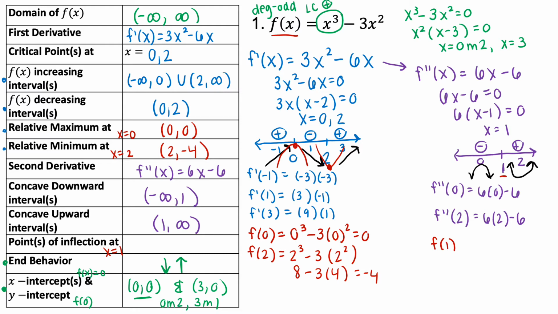So f of 1 would be 1 cubed minus 3 times 1 squared, which gives us 1 minus 3, which is just negative 2. So we have our point of inflection at (1, -2). So we're going to take all of this information, and on the next slide, we'll go ahead and sketch a graph of this function.